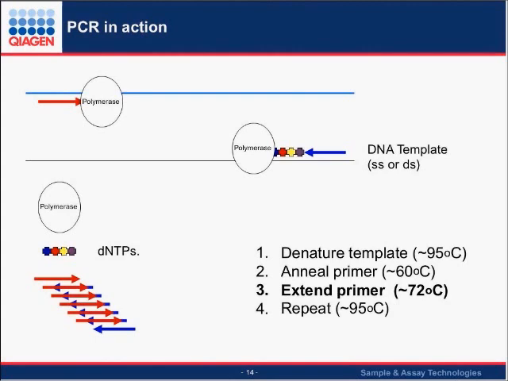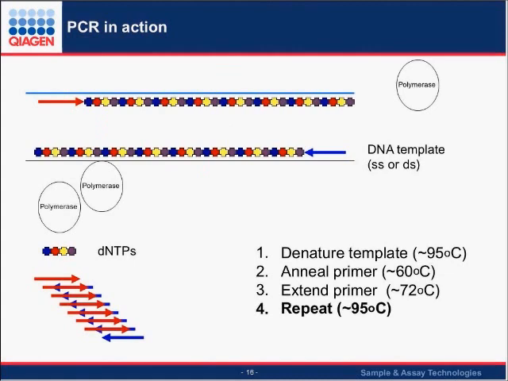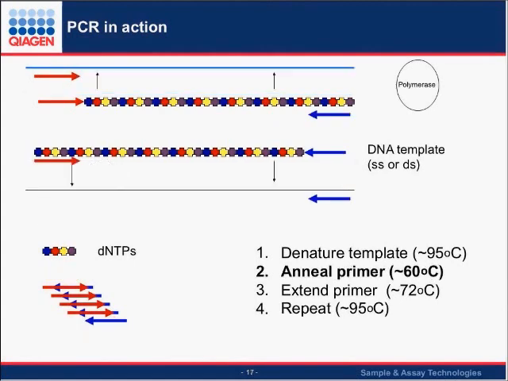The polymerase copies the template and makes a copy of your primer, and there you have your complete DNA. As you get shorter and shorter DNA templates, you'll get many copies of just the sequence you're interested in, which is the region between the forward and the reverse primers. And then we repeat that, and we make many copies of the DNA, because we denature it again, we anneal the primer, and it goes on.